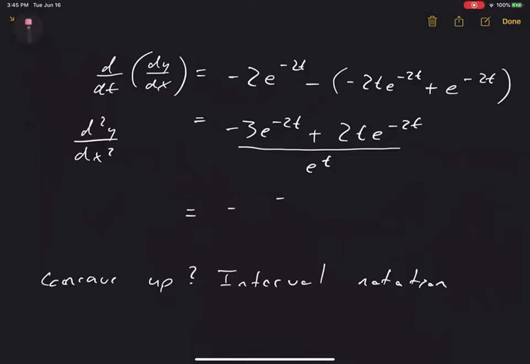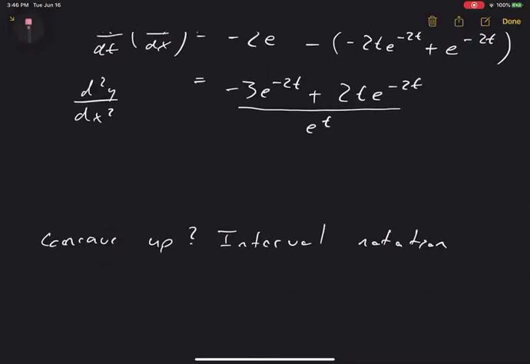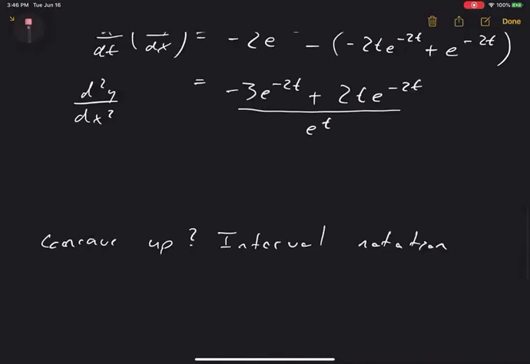Well, before we simplify, let's kind of look at our concavity problem. Well, we could simplify, or we could not simplify. Let's go ahead and simplify and see what happens.